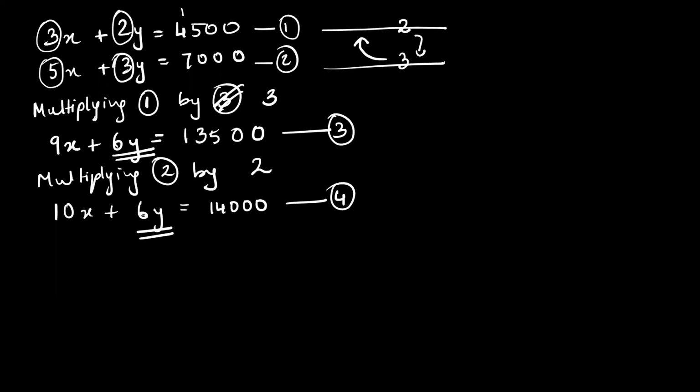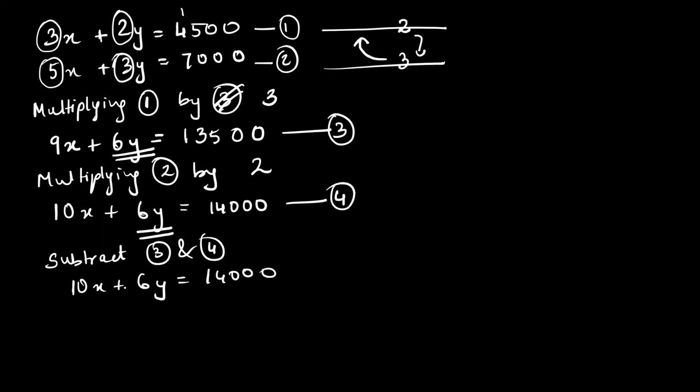Also, I've told you if the numbers are same, signs are also same. Same means subtract. So we have to subtract the two equations, equation 3 and 4. Since 4 is bigger, I write 4 on top: 10x plus 6y is equal to 14,000.